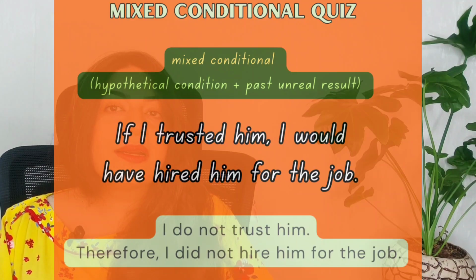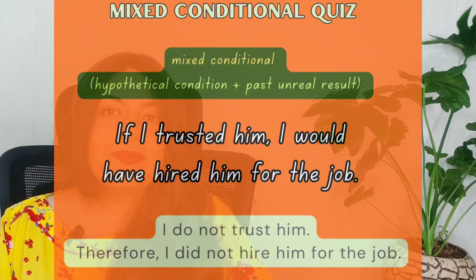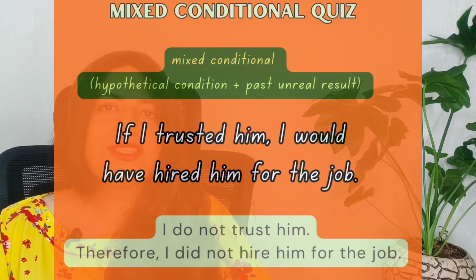So, with this situation, there are two parts. There is a hypothetical condition and a past unreal result. So, the hypothetical condition, if I trusted him, plus my past unreal result, I would have hired him for the job.